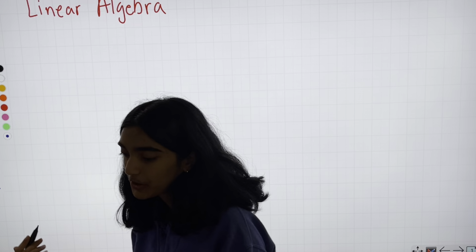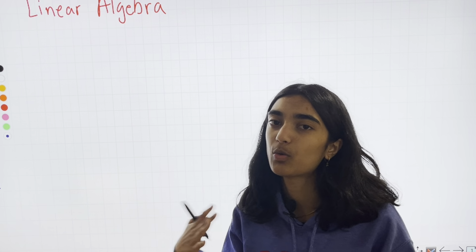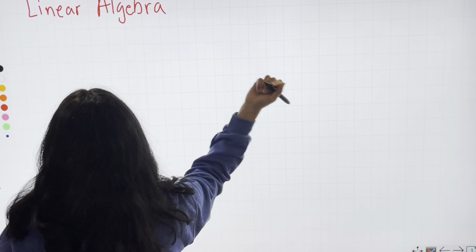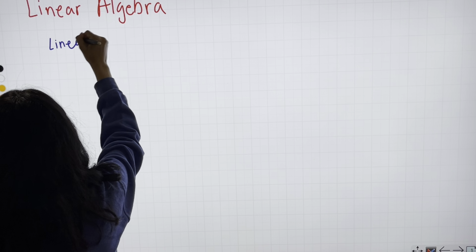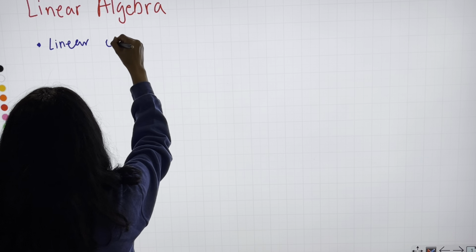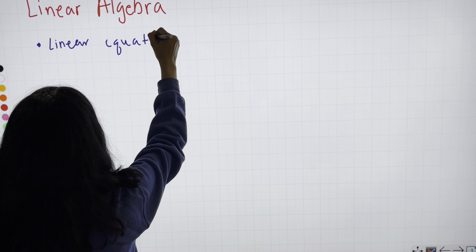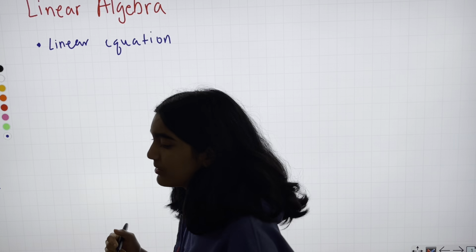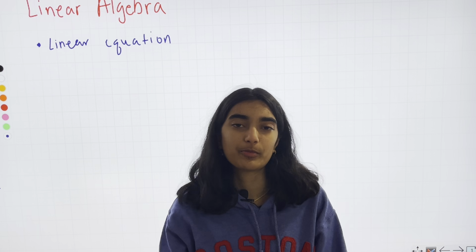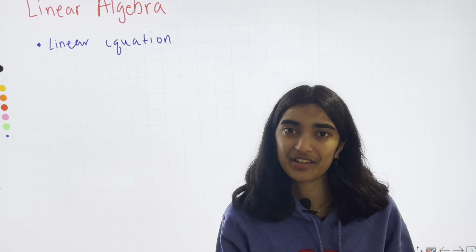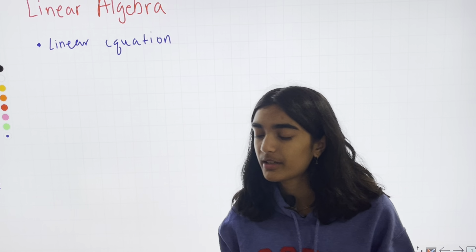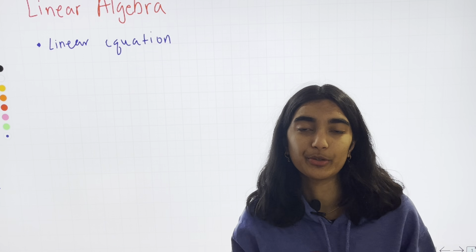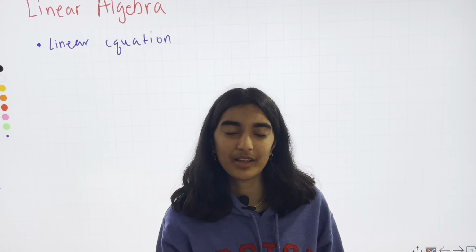So the first one is a linear equation, which you've probably seen before. Okay, so what is a linear equation? You've probably seen lines, right? Equations of lines, and we can also use different variables. It doesn't just have to be x and y.